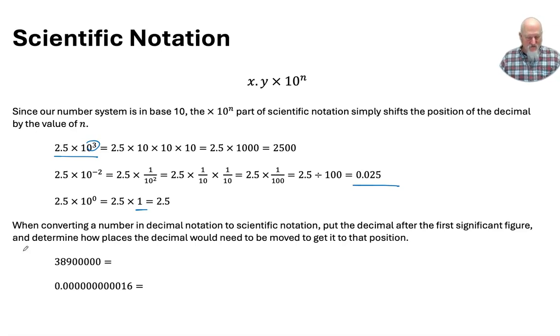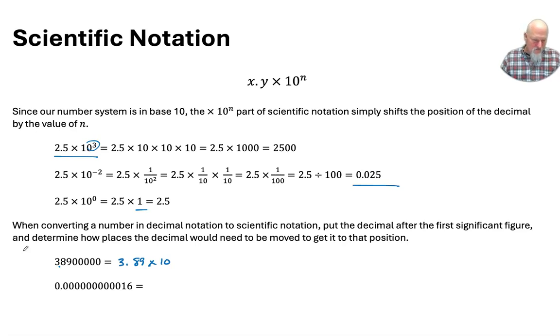So let's look at converting from decimal notation to scientific notation. When you do that, we're going to put the decimal after the first number, right here. And then we have to figure out how many times we have to move that decimal. Okay, so basically we have 3.89 times 10, and this number is bigger than 1, so that means the power, our end value, is going to be positive.